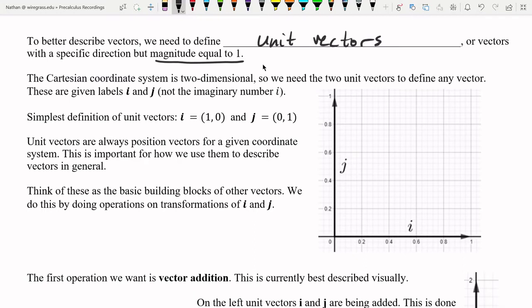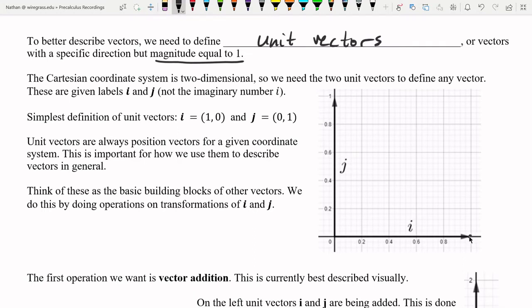Now, the Cartesian coordinate system is a two-dimensional system, so we have to have two unit vectors to define any general vector that we want. You can use any two vectors as long as they're not parallel, but the standard ones are going to be i and j. i is going to go in the positive x direction.